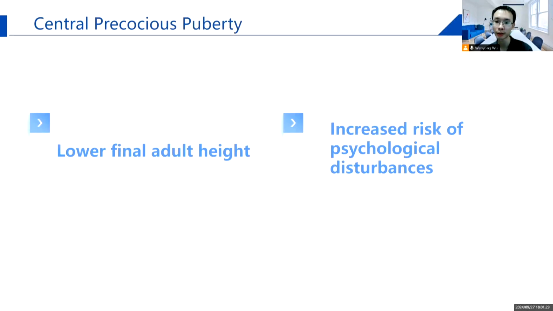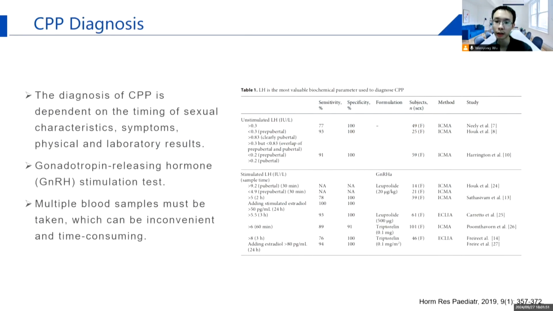Premature activation of the HPG axis leads to central precocious puberty, the most common type of precocious puberty, which is associated with a lower final adult height and an increased rate of psychological disturbance. The diagnosis of central precocious puberty depends on the timing of sexual characteristics, symptoms, physical and laboratory results.